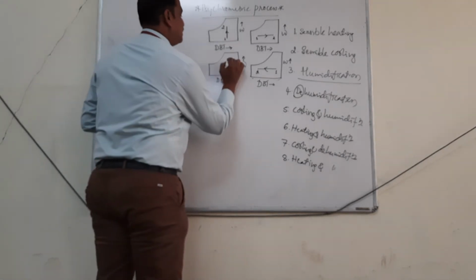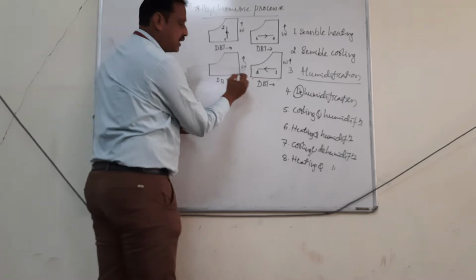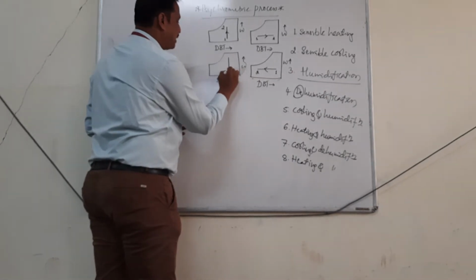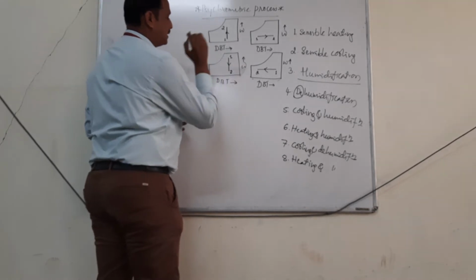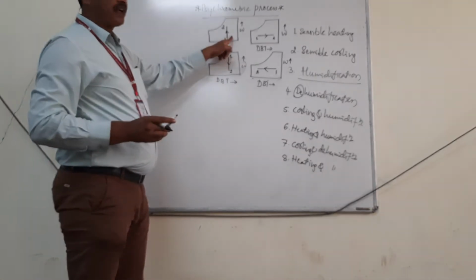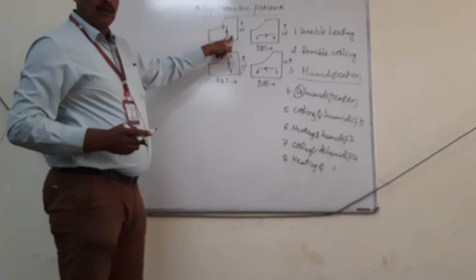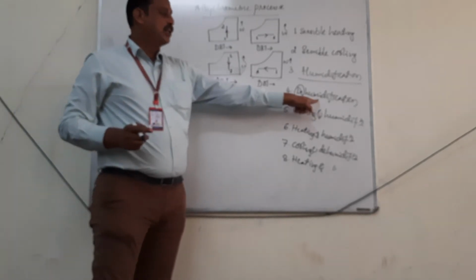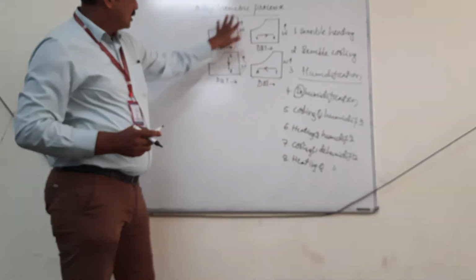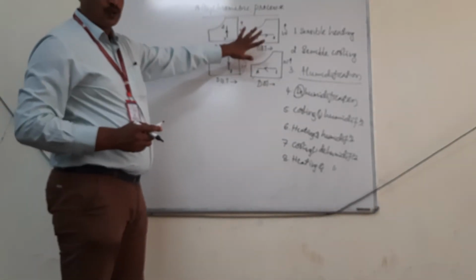So removing means specific humidity decreases. So the vertical line comes like this, and your process 1, 2 goes like this. This is humidification where moisture content increases, here it decreases, as it is a dehumidification process. So these are the 4 basic processes.